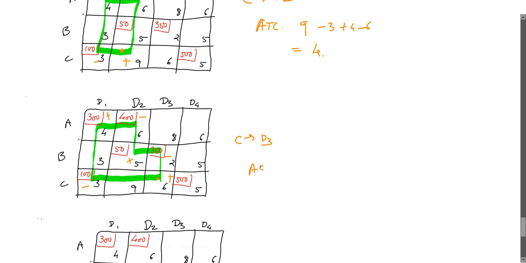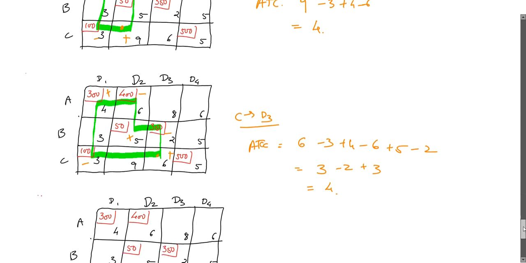So the additional transportation cost is 6 minus 3 plus 4 minus 6 plus 5 minus 2. That is 6 minus 3 is 3, 4 minus 6 is minus 2, and here it is 3. So we are having 4. So the additional transportation cost is positive. Means for any choice we are not able to find a negative transportation cost, means we are not able to reduce the transportation cost further.